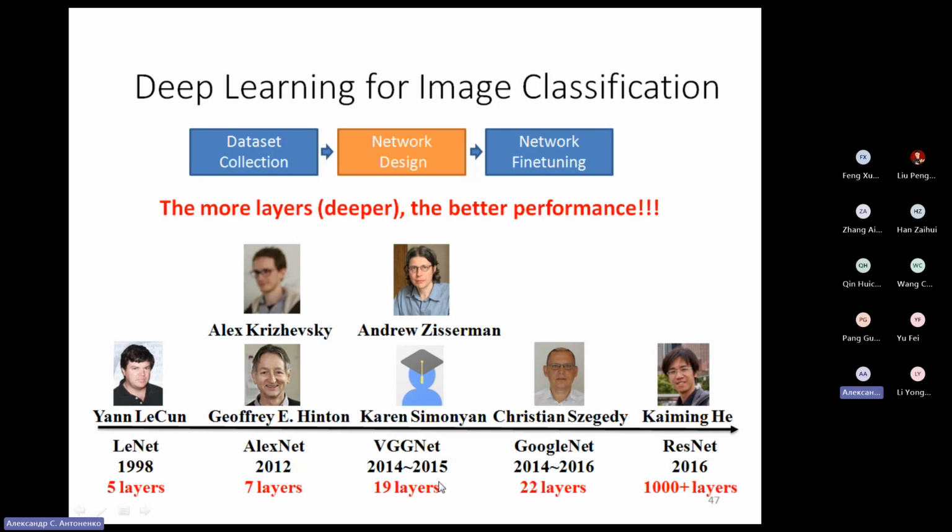Then deep learning quickly became very popular. Many scientists started deep learning research, and as you can see, for example, Zisserman and Simonyan created VGGNet with 19 layers, GoogleNet with 24 layers, and ResNet with more than 1,000 layers. And this is not the end, as you understand.